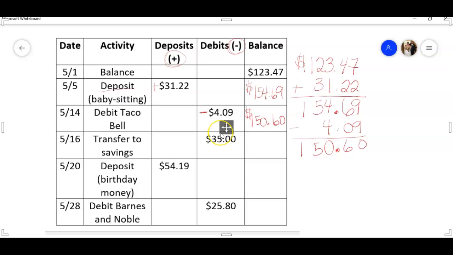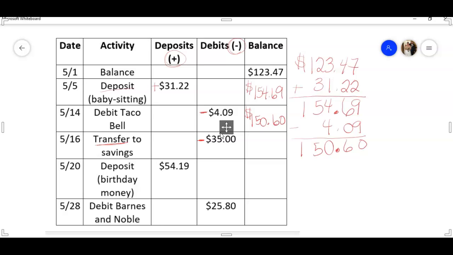So now the next line we have transfer to savings. Now I want to talk about that for a minute. If this is my checking account and I am transferring money to my savings, I list that as a debit because it is out of this particular account. It is no longer in this account. Now, is that still my money?